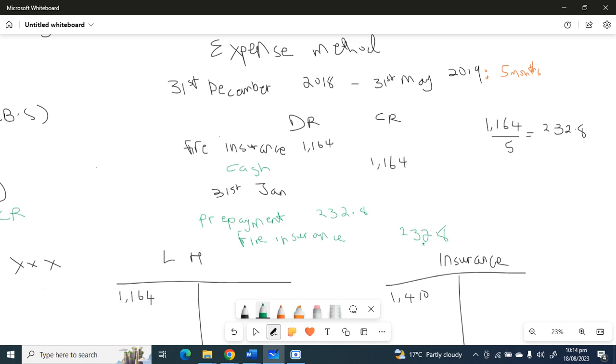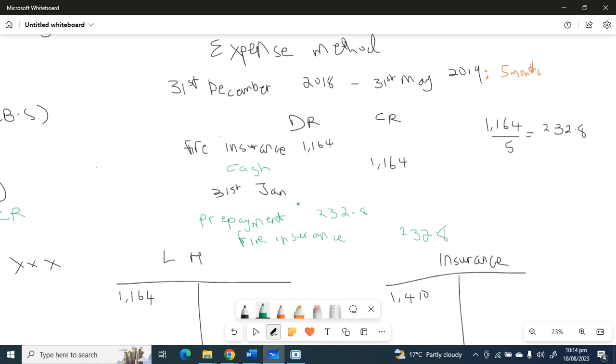So what happens with the expense method is you record the expense as a whole. Then as it's getting used up, as the months pass, you'll be deducting the expense. But in this case, since it was paid for on the 31st of December 2018, and we want the balances of the account on 31st December 2018, meaning the prepayment hasn't been used yet, you cannot do these journal entries.